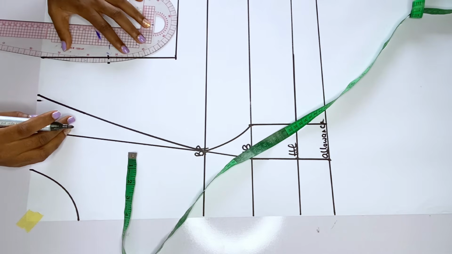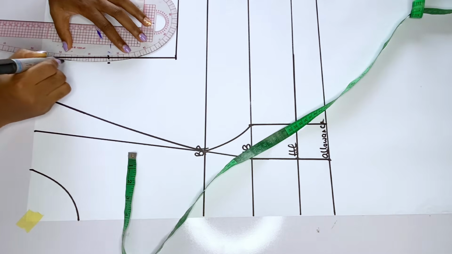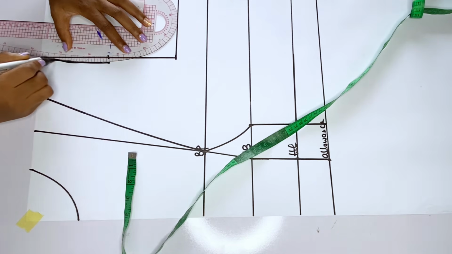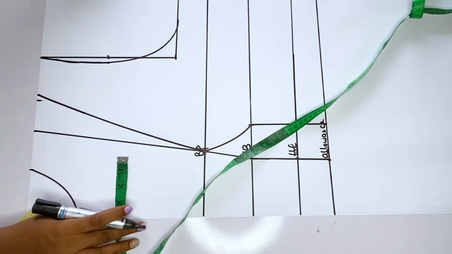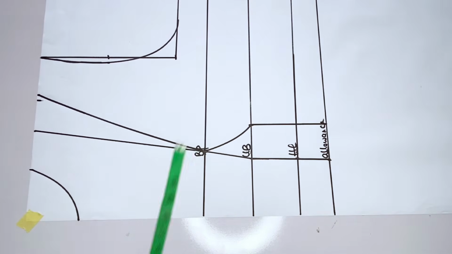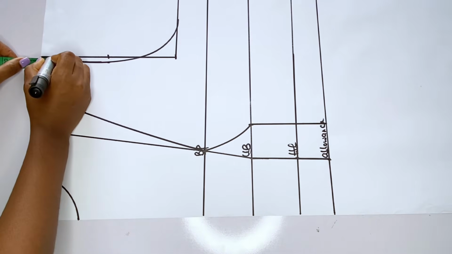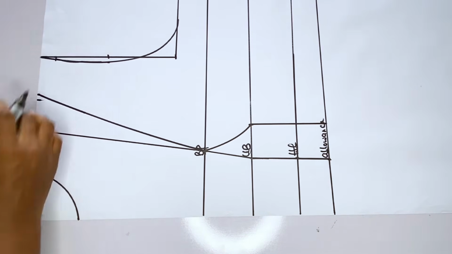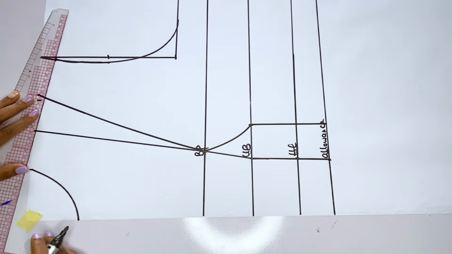The front armhole is usually different from the back armhole. So for the shoulder slant, you mark 1 inch for your shoulder slant, then you connect back to your neckline.